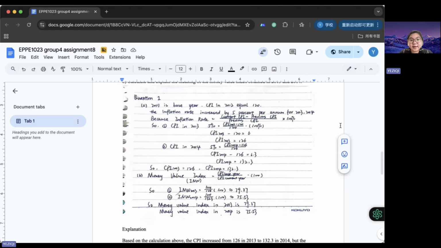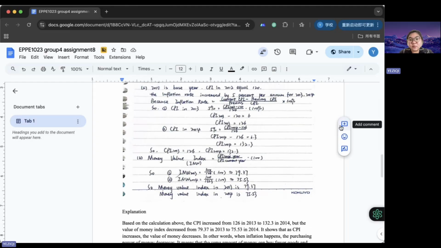So for the CPI in 2013, 5% equals CPI 2013 minus 120, divided by 120, multiplied by 100%.